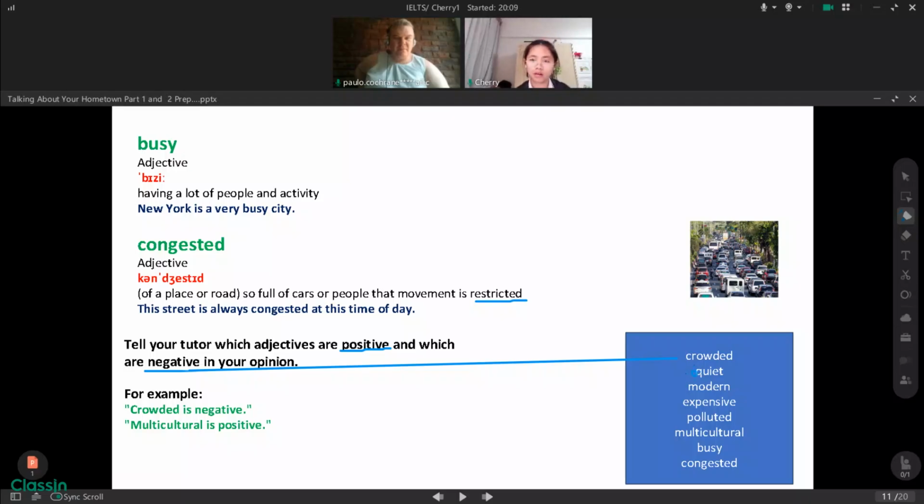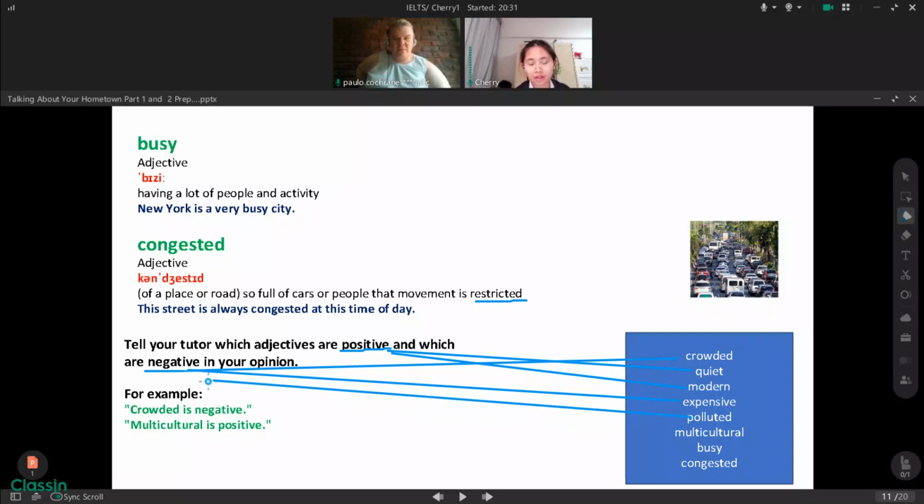Quiet is positive, and modern is positive. Okay, expensive is negative. Polluted is negative, and multicultural is positive.